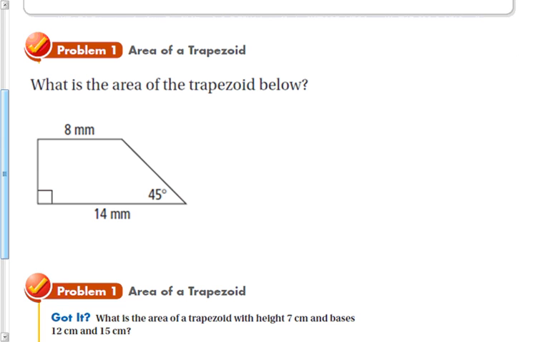So the area is equal to 1/2 the height times the sum of the bases. So let's just substitute in for our height. This has a 45-degree angle, so we're going to have to use that to help us find the height. So our height would be right here.